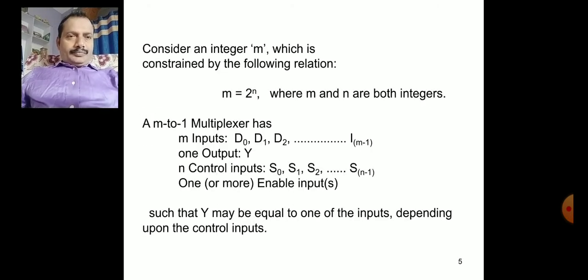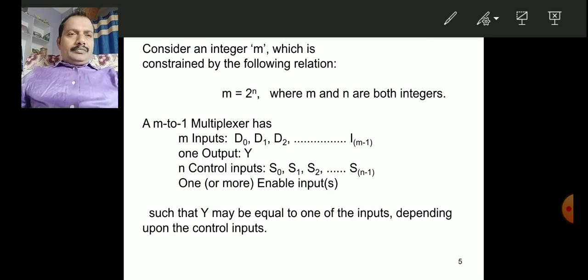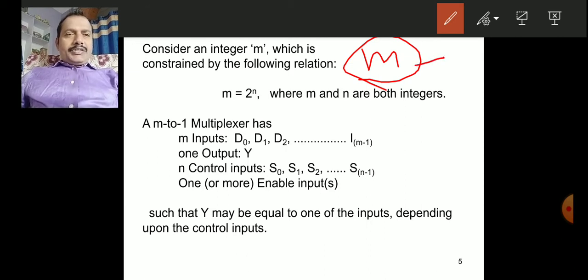Now, always we must represent, for example, if some m number of inputs are there, then you should try to write this m number of inputs in terms of 2 power n.